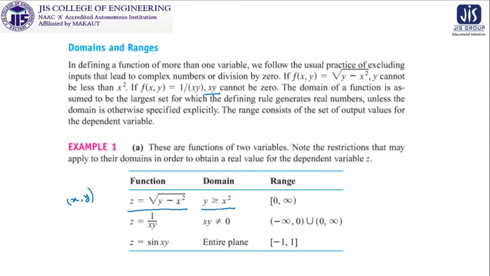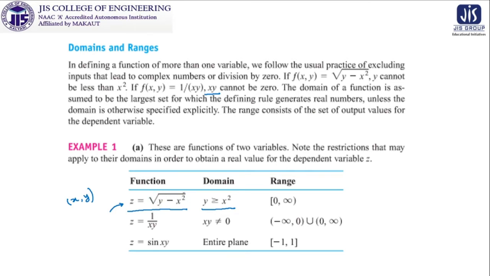And what is the range? The range is 0 to infinity, where 0 is closed. Why is it 0 to infinity? Because the output values for this function, which will be the value of z, come from a square root, and we are taking positive numbers or 0.